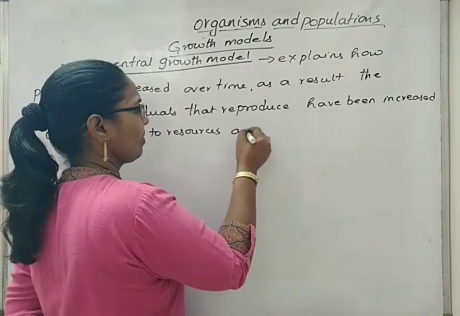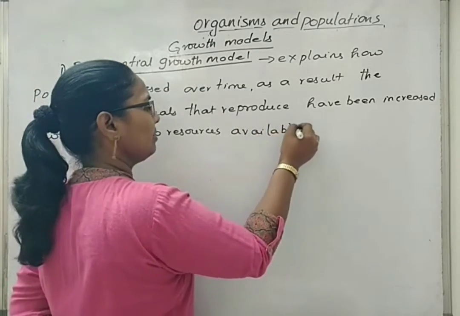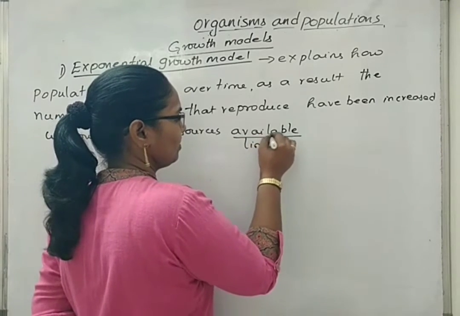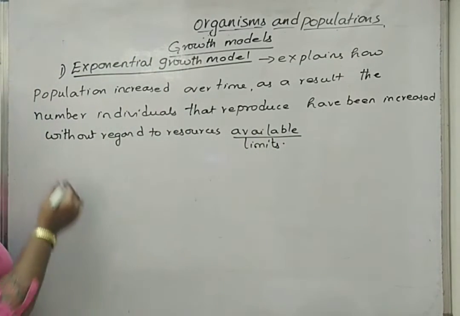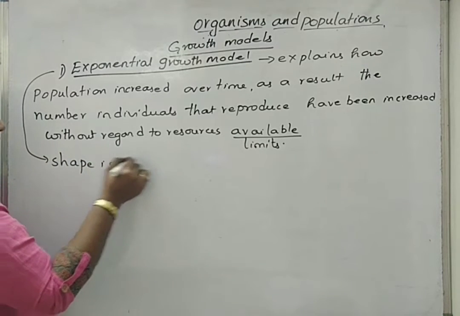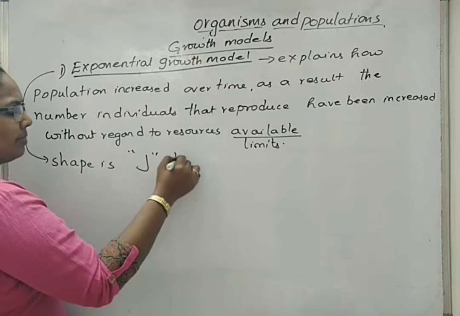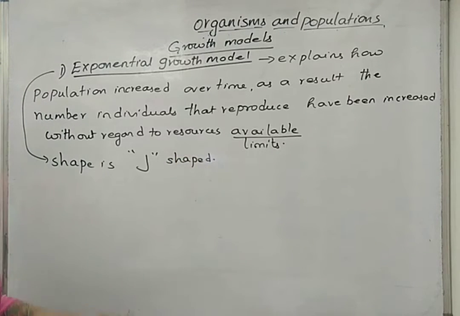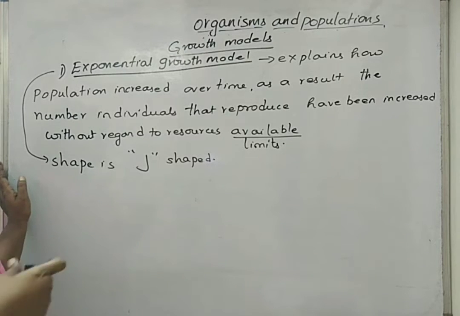You can use either term, resources available or resource limits. Shape is J-shaped. So any species growing in this exponential growth model is provided with unlimited resources or unlimited beneficial conditions for increasing in a short period.